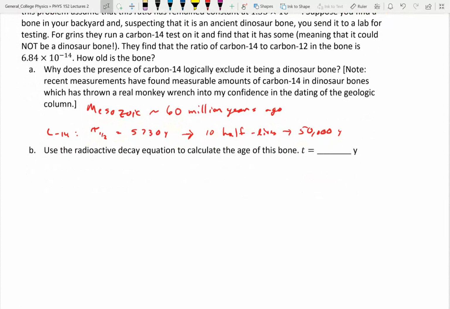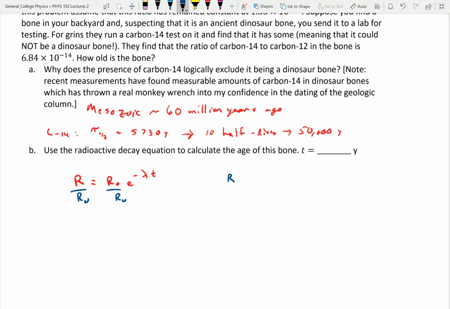All right. So are you done? Excellent. Doing the calculation for how old this is, we have the ratio at any time should be the ratio we started with, e to the minus lambda t, right? So if I want to solve that for time, I'll divide both sides by r0.